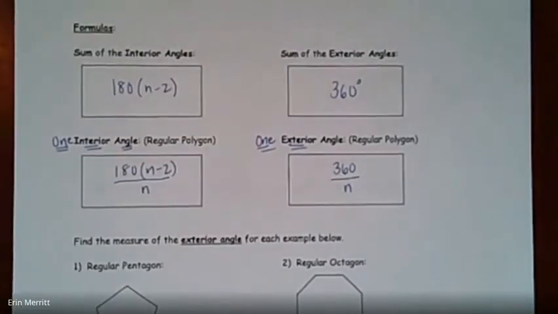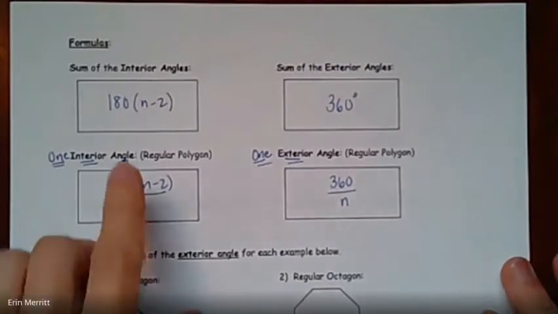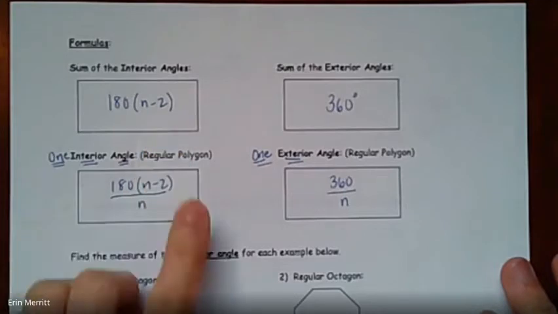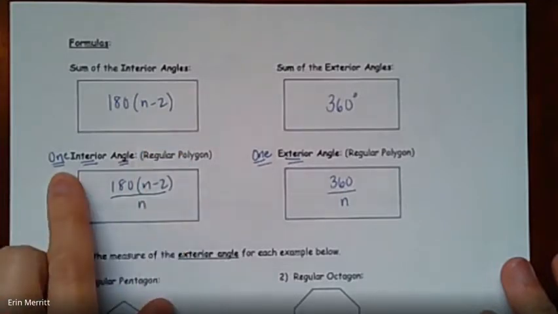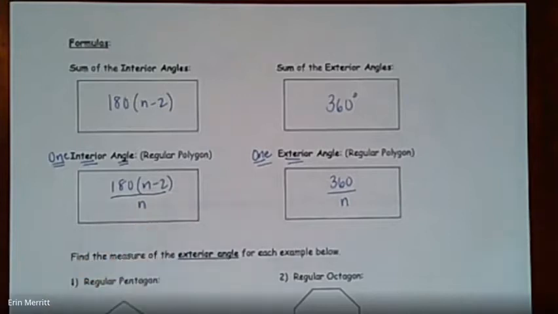All right, so on the second page of the packet, there is a space for all of those formulas that you now know. The sum of the interior angles is 180 times n minus 2. To get one single interior angle, 180 times n minus 2, and then divide by n angles or n sides, same thing.